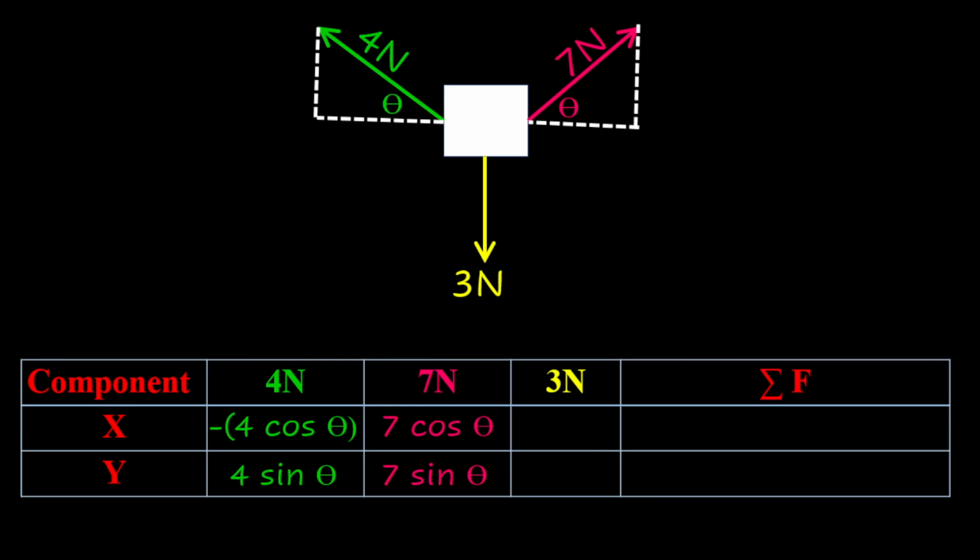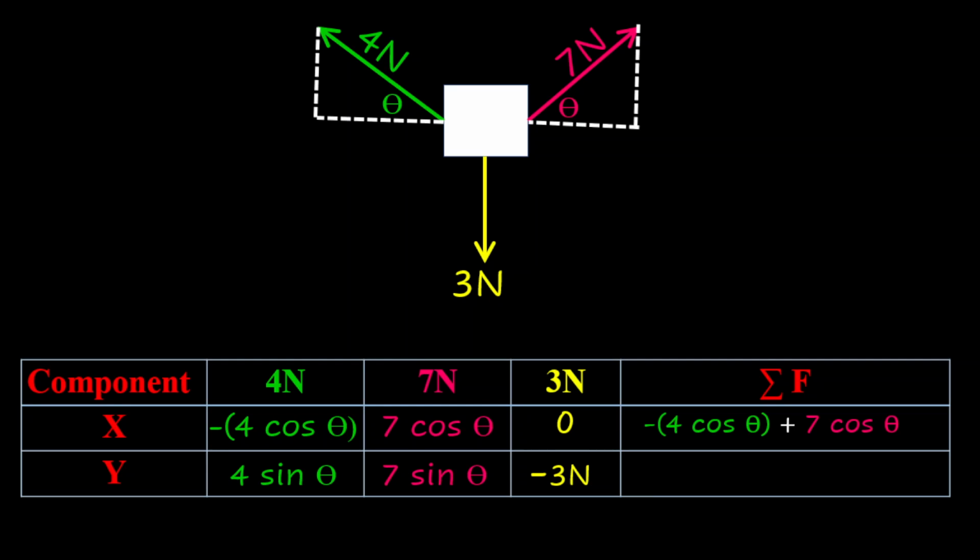For the 3 Newton force, there's no X component at this time because it is not acting at an angle. For the Y component, it is the negative value of that force, which is negative 3 newtons. The net force in the X component is expressed as the negative value of 4 cos theta plus 7 cos theta.